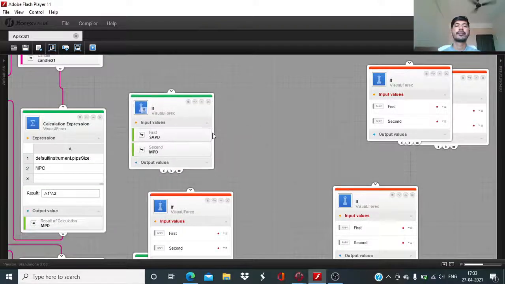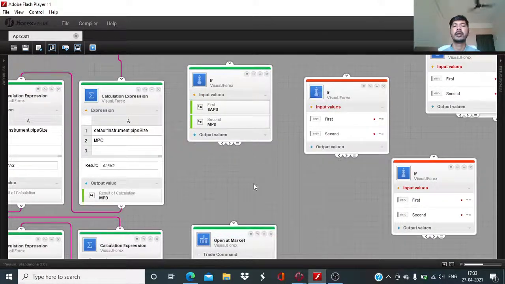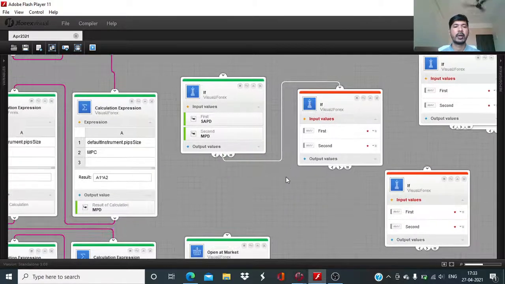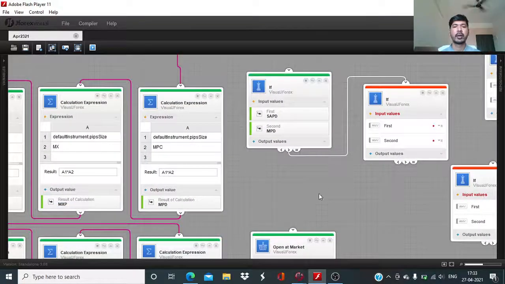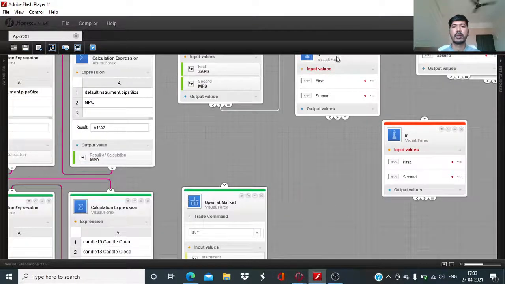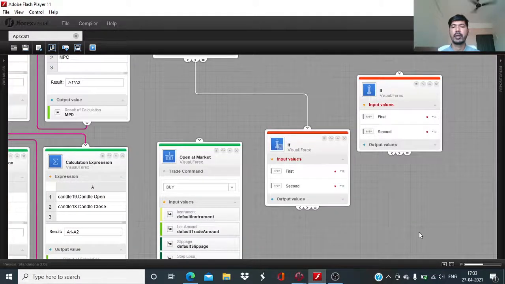Okay, PD should be greater than PD, and it needs to be less than maximum permissible limit.